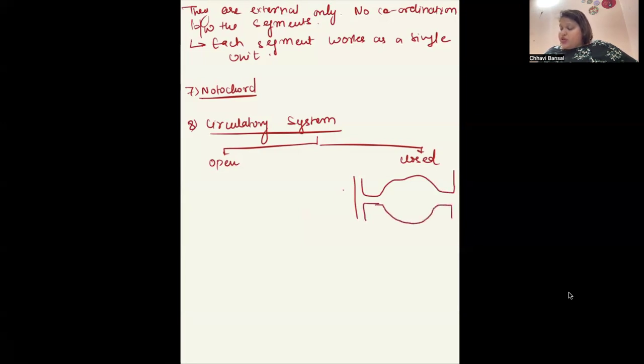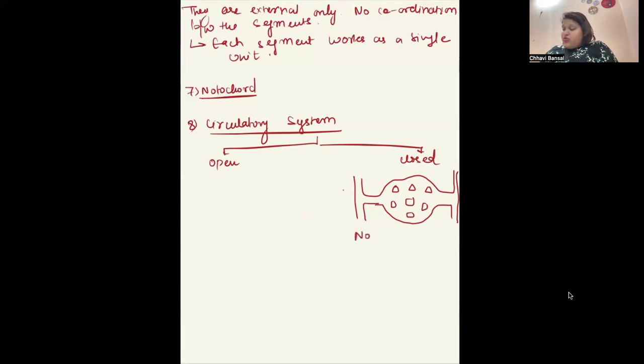That blood flows through the tissue in the form of vessels, and that blood is collected by the veins, venules, and all that, right? So there is no direct contact between the cells and the blood. Blood is always within the vessel.